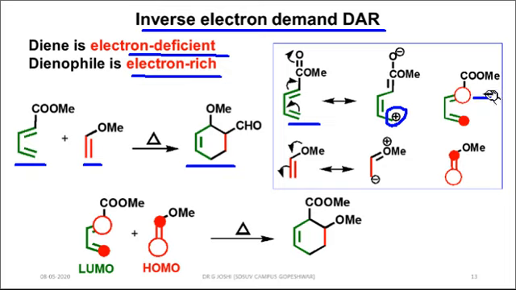Therefore, the orbital coefficient at carbon 1 will be higher in the HOMO, and the orbital coefficient at carbon 4 will be smaller. Therefore, this will become the LUMO.